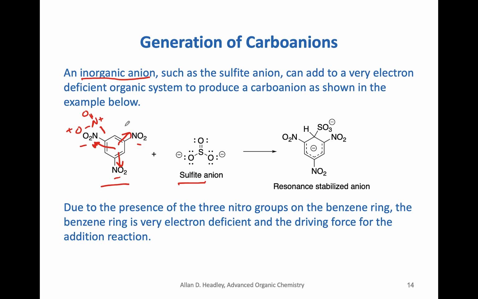This is very reactive, so as you can imagine, electrons can come in and form a resonance stabilized anion as shown here. So this is another method of generating carbanions, in which we have an inorganic anion reacting with a very electron deficient organic molecule to get an anion as shown here.